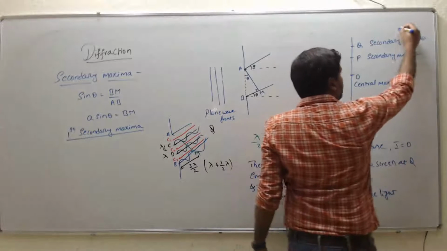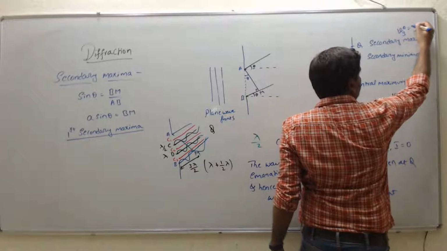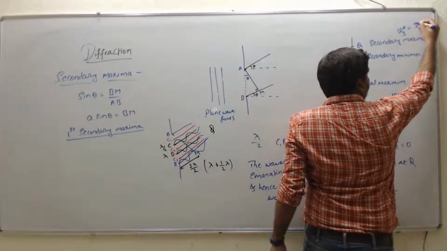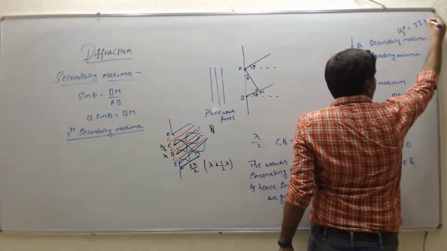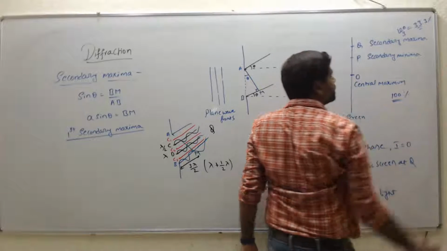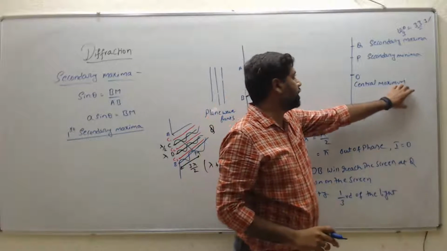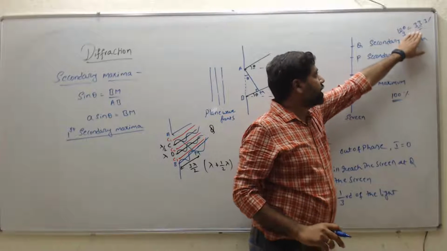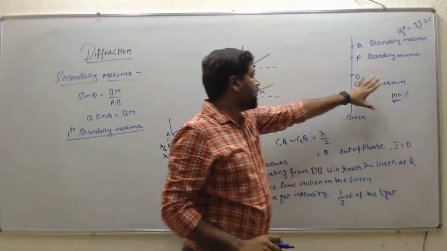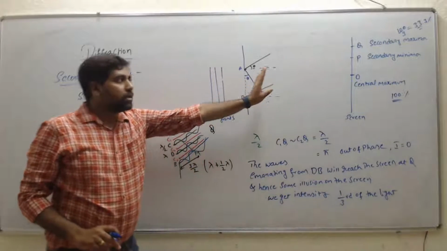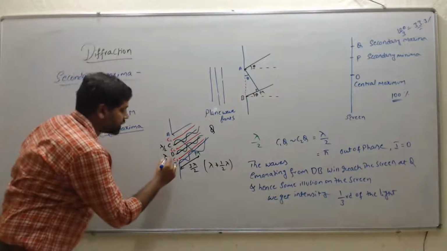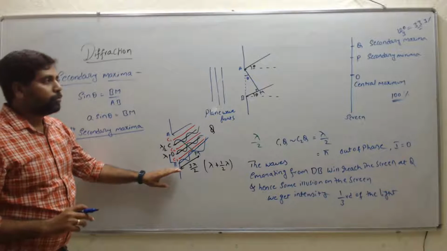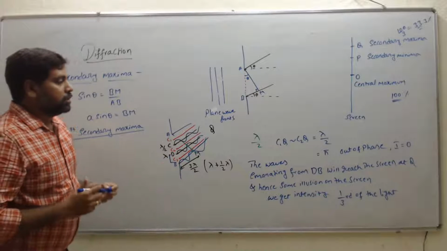So one third is nothing but 100 divided by 3. So here we are getting 33.3%. Only 33%. If we compare the central maxima to the first secondary maxima, we are getting only 33% of the light, which falls onto the secondary maxima from the wavefronts coming from D and B. So understand this one.